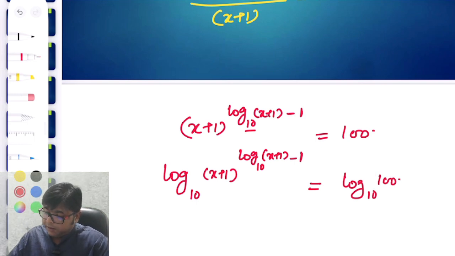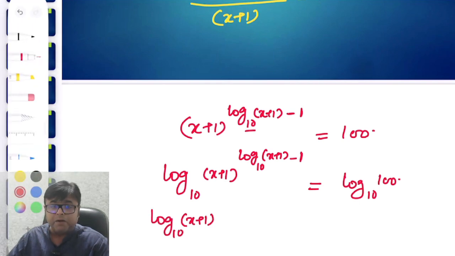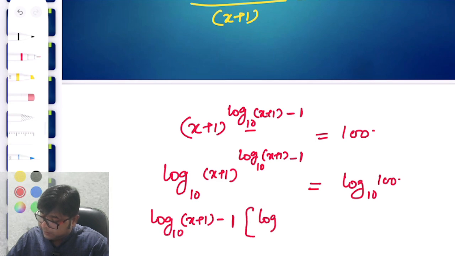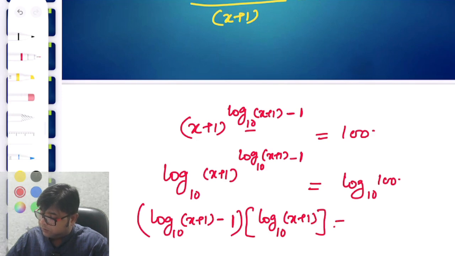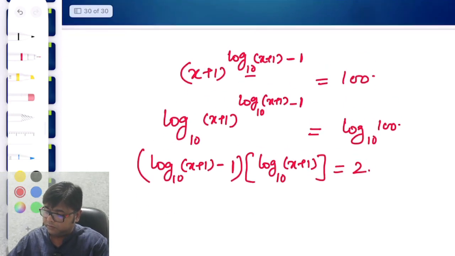Now this will further give me, applying the property log a to the power m is m log a, log base 10 x plus 1 minus 1, times log base 10 x plus 1 is equal to, now this can be written as 10 squared, and 2 will come here, so this becomes 2, which most of us know.